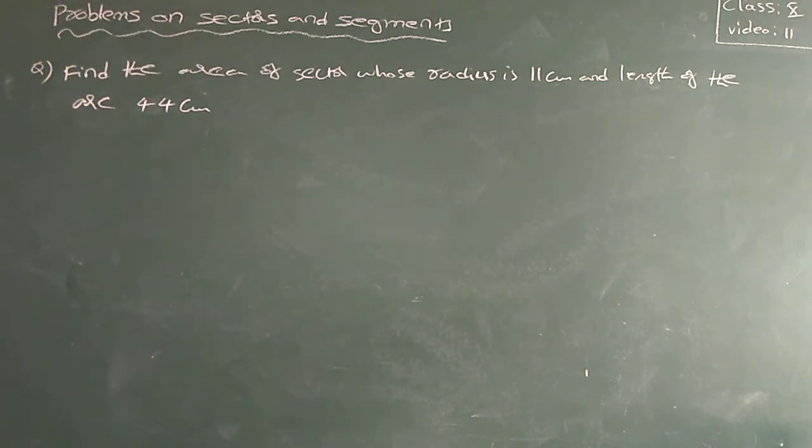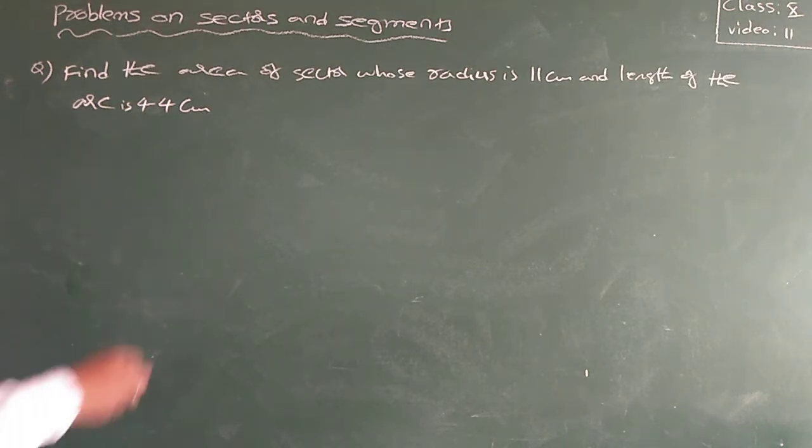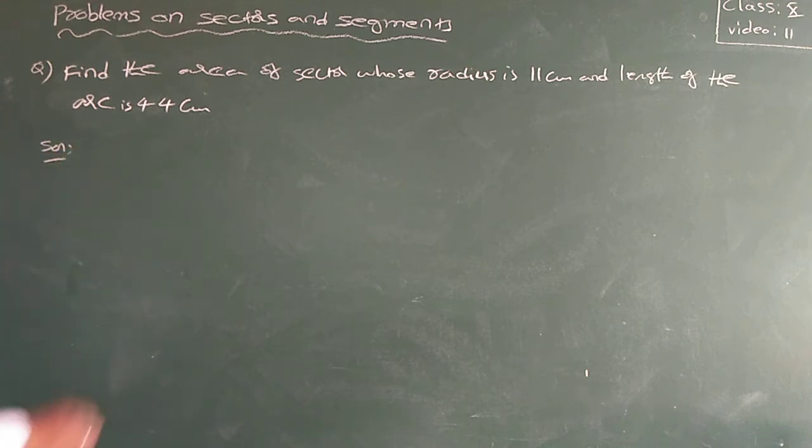Find the area of a sector whose radius is 11 centimeters and the length of the arc is 44 centimeters. Here this formula also is given.